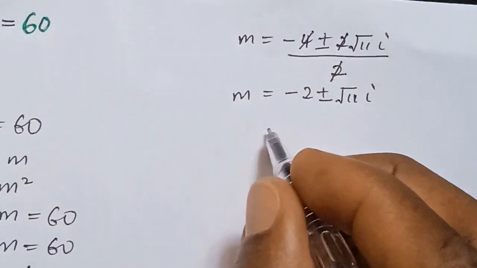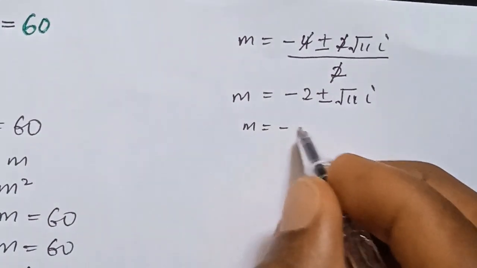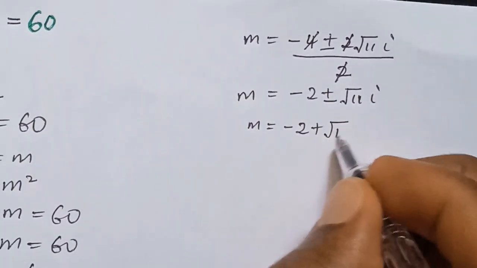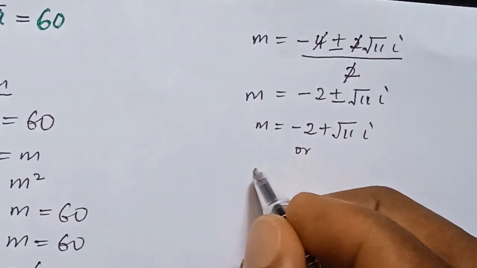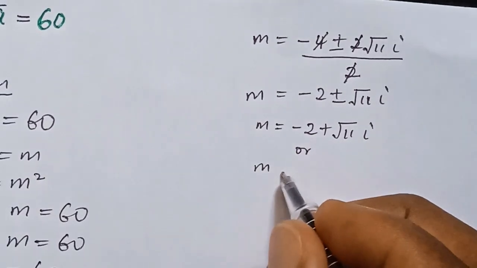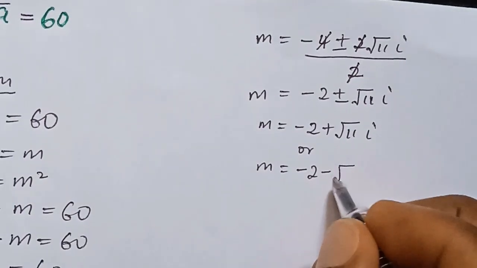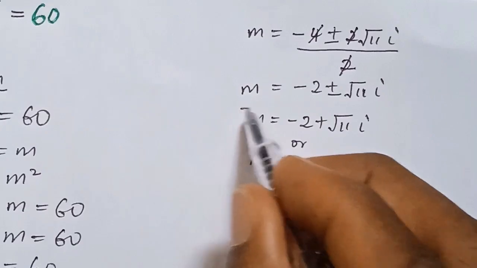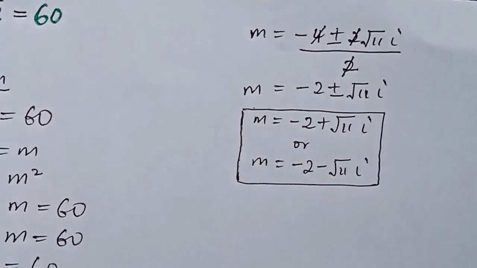So m is also equal to -2 + √11 i, or m equals -2 - √11 i. These are the other two values of m.